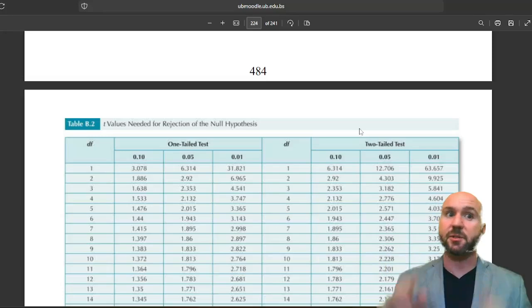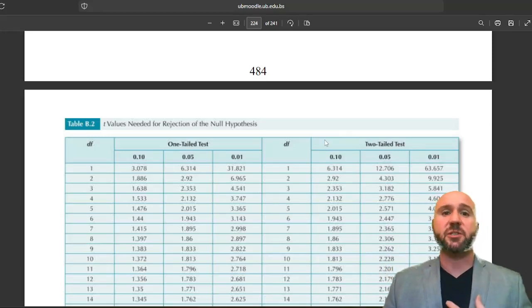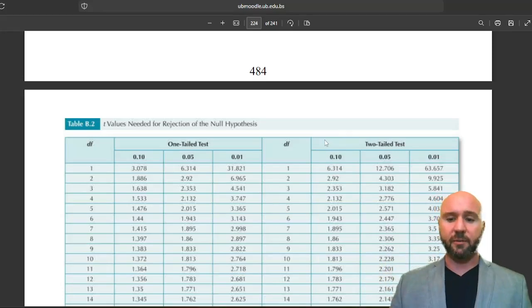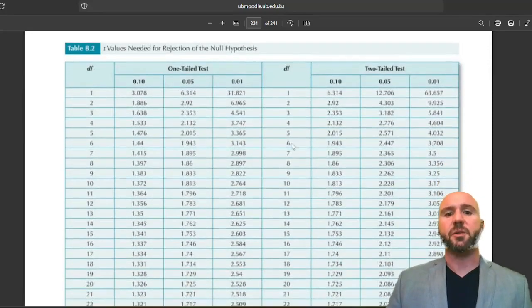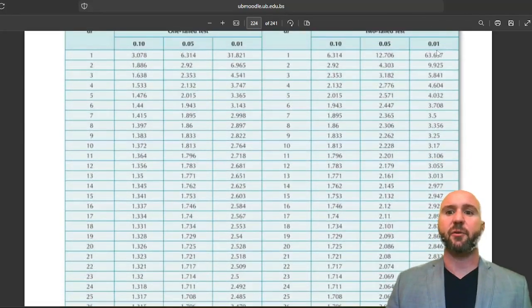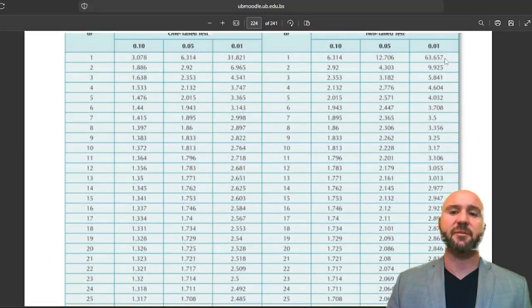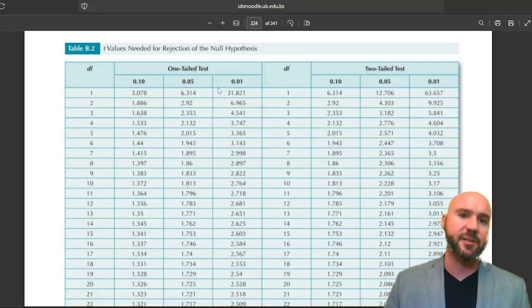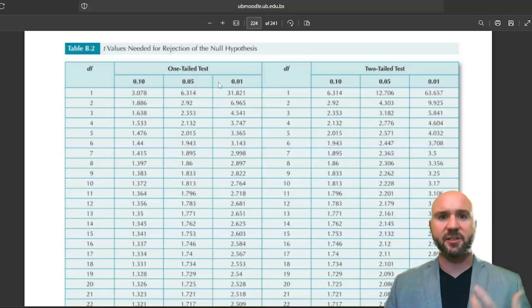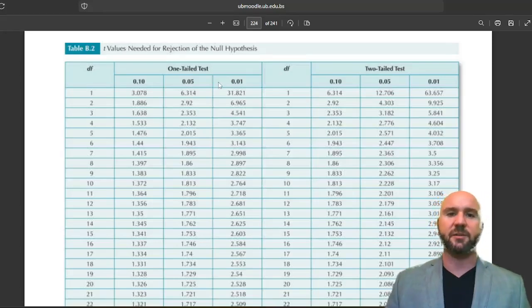We don't know yet. Sometimes we just don't have enough literature or substantive arguments to convince an audience that we are justified in using a one-tailed test, which makes things easier on us. Compare, for example, 63.657 over here on the two-tailed test to 31.821 over here on the one-tailed test. It's easier to reach statistical significance on the one-tailed test than on the two-tailed test.